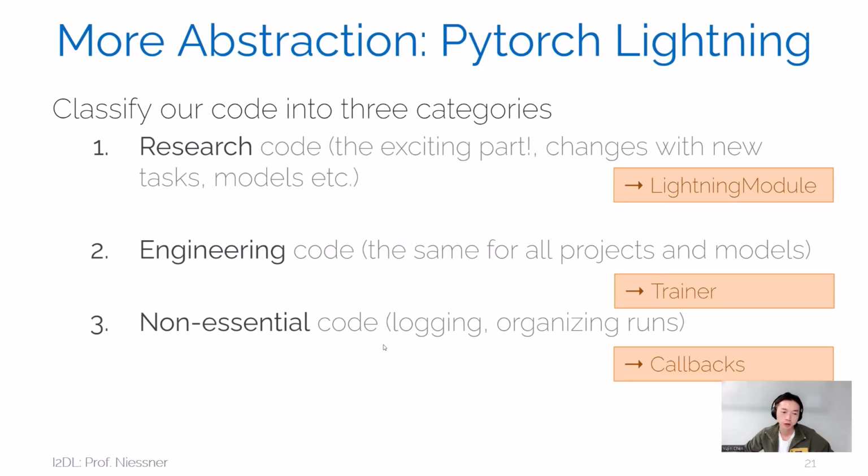And also you have some non-essential code like logging, organizing the runs, or maybe you want to display some intermediate results or the loss curve via TensorBoard. This is non-essential code, or some checkpointing when you optimize your training process, right?